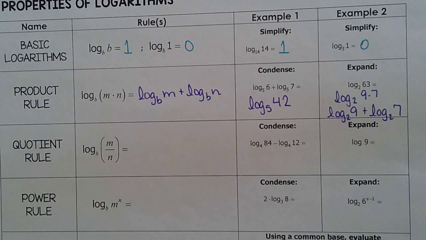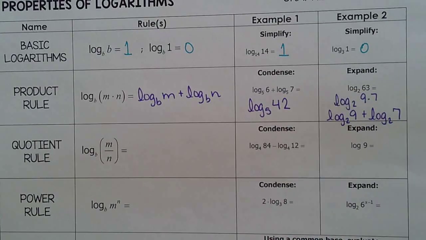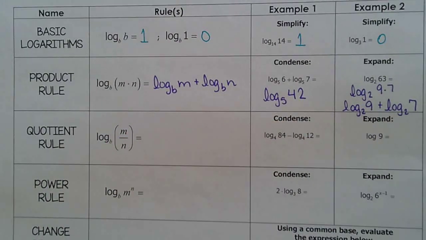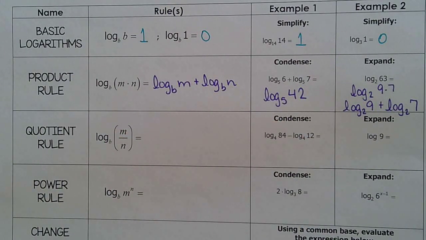Next property is a property that we use when we have something that is or can be written as a quotient or a fraction or a division problem. And sometimes it's a value that we break apart into 2 divided numbers depending on what bases we want to use or what values we want involved in there.